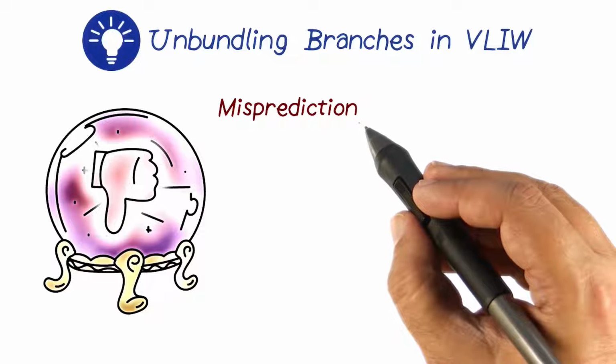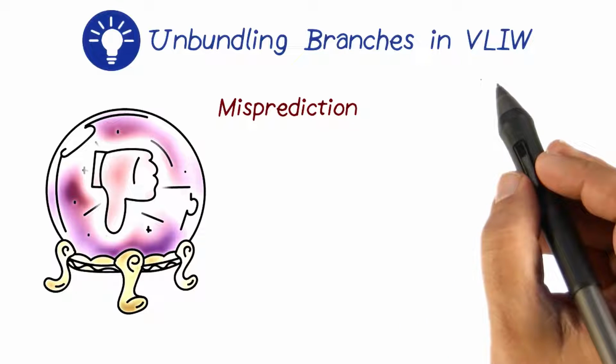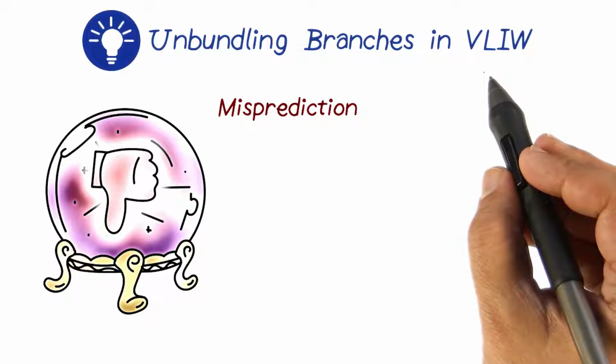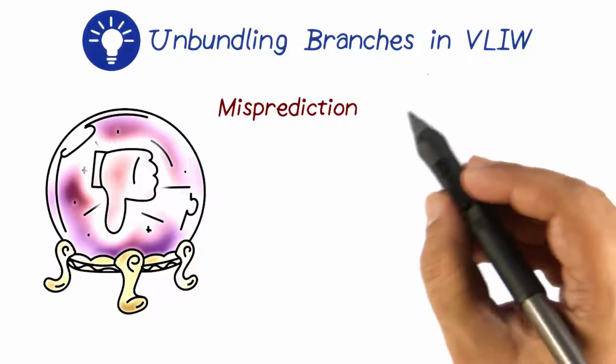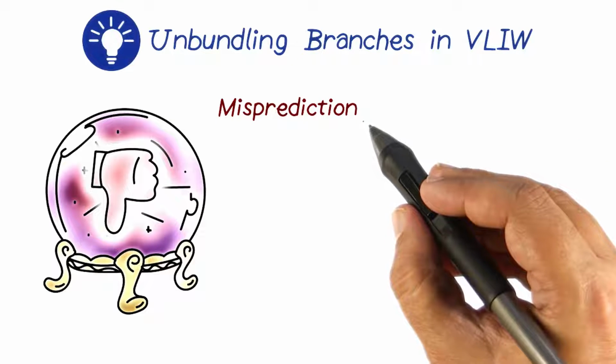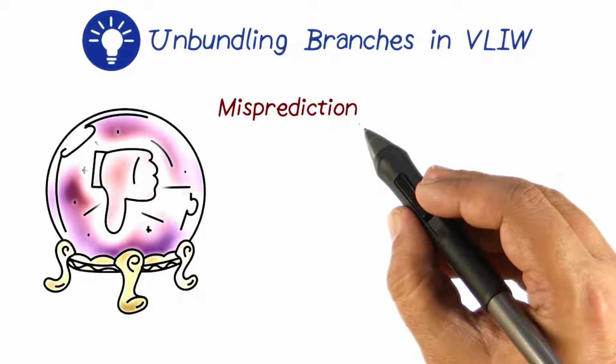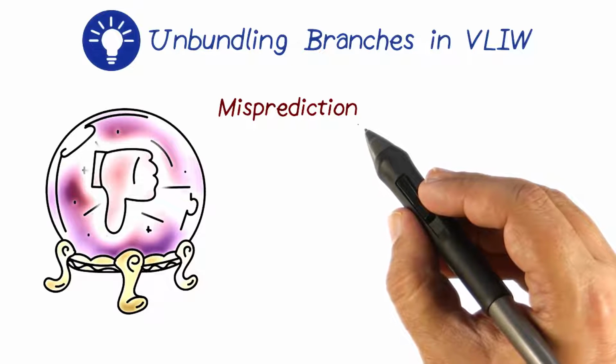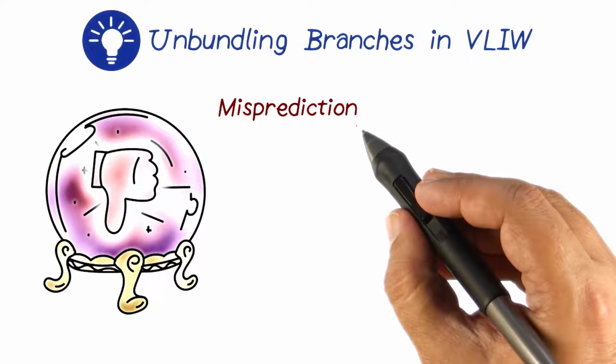Now consider this speculative execution in VLIWs, which is our favorite embedded architecture that we have been discussing. The real question here is, if we speculate and go in a particular direction and start executing those instructions, then what happens on misprediction? What is misprediction? That means we have chosen a wrong direction to speculate upon.